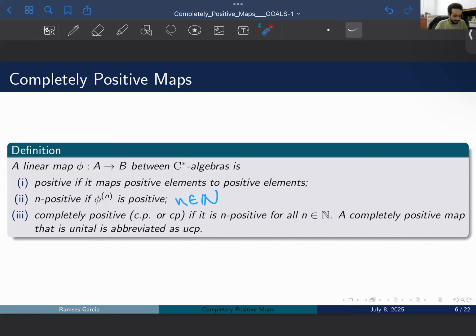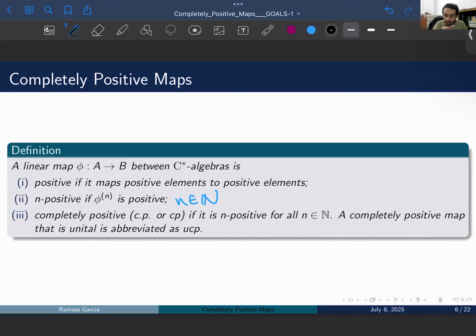And we say phi is completely positive if it is n positive for every natural number. We are going to abbreviate being completely positive just writing CP, and a completely positive map that is also unital is going to be abbreviated as UCP.